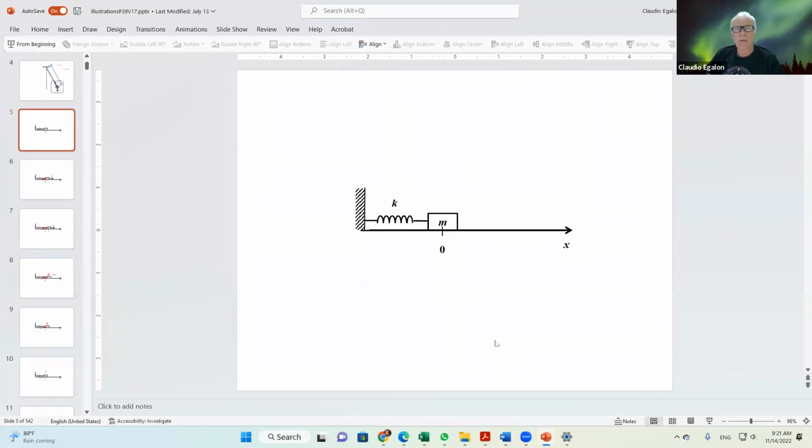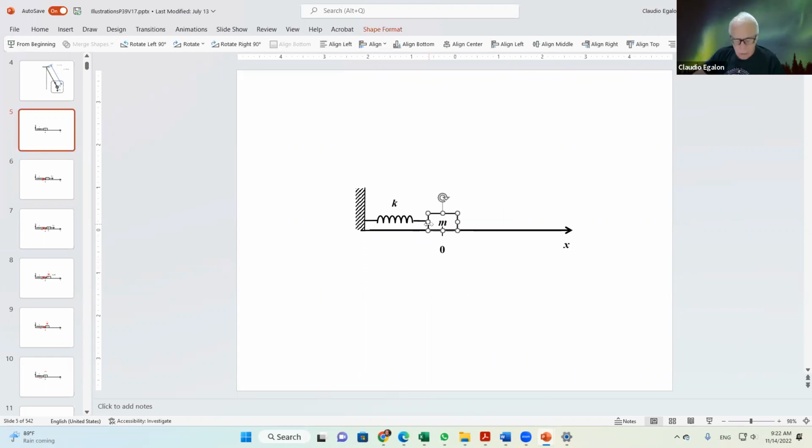The elastic force is 0 because the mass is at a position of equilibrium. If you apply an external force, here's the force of my hand being applied to the mass. The spring is going to start applying a force opposite to the displacement.